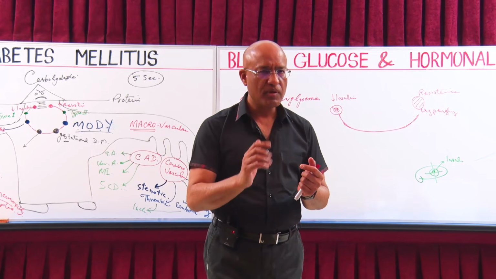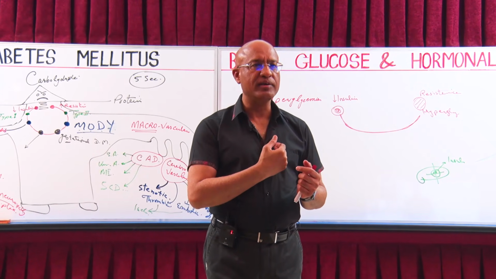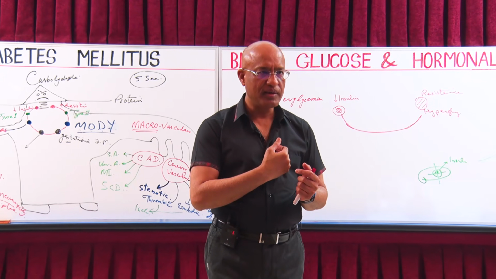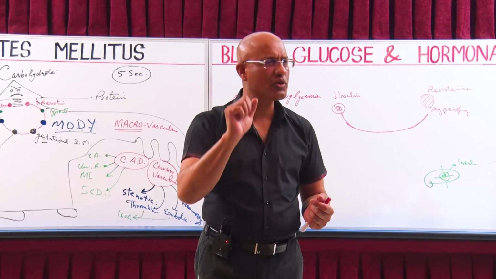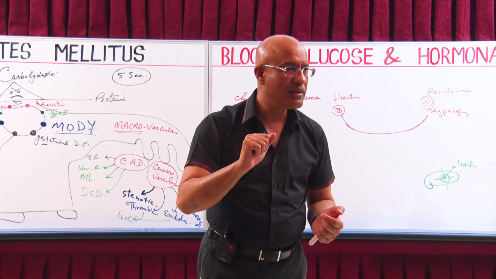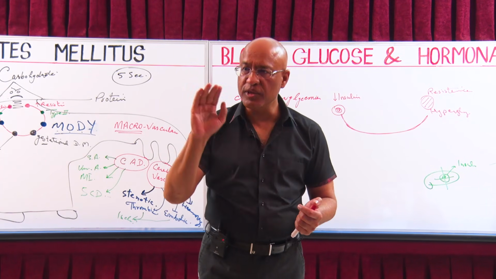For example, if autonomic supply to the heart is damaged, then variation of heart rate will be reduced or increased? Variation will be reduced.